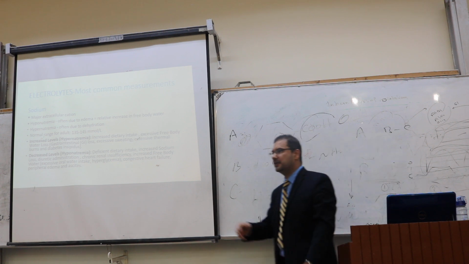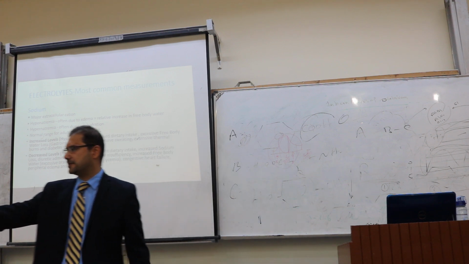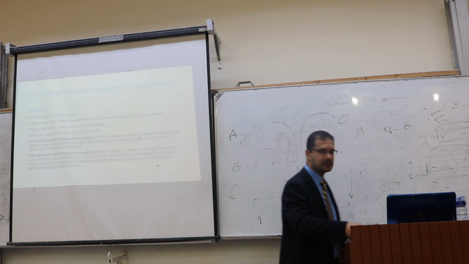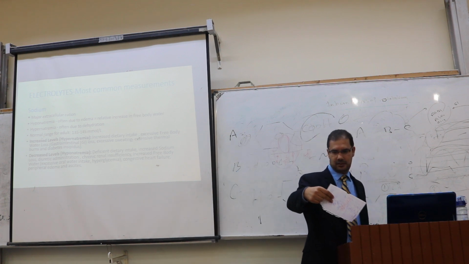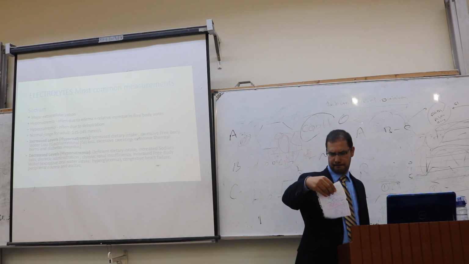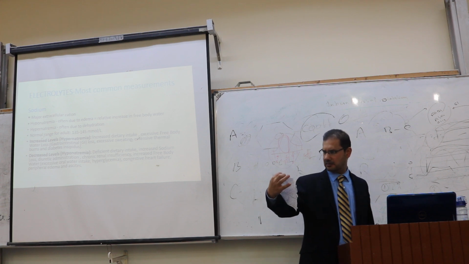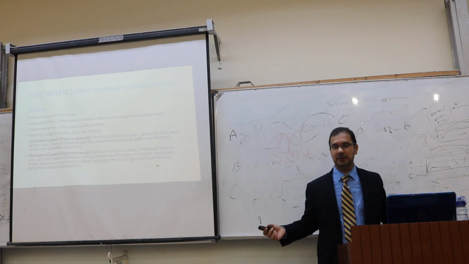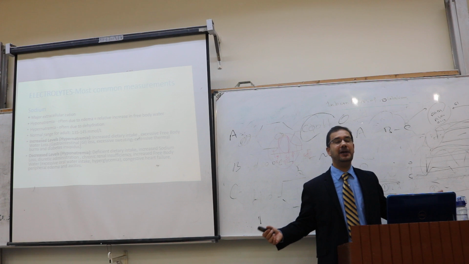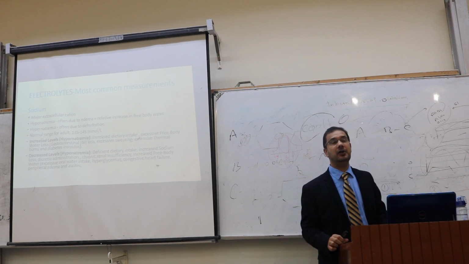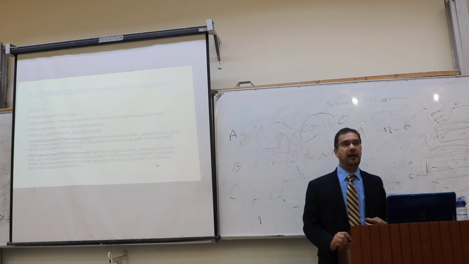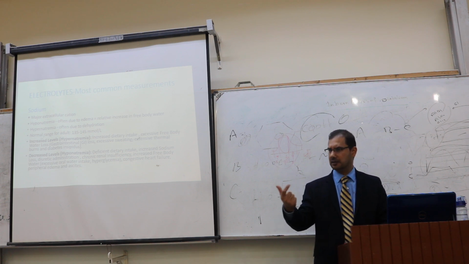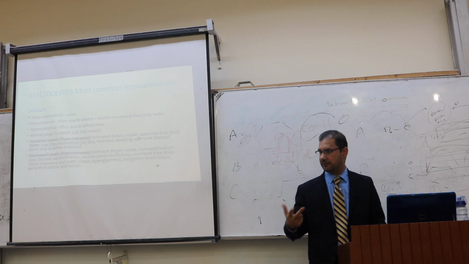Have you heard about the difference between primary disease and secondary disease? What is the difference between primary and secondary disease? Okay. Primary disease, there is no reason. Have you heard of primary hypertension? We don't know its cause, so it's called primary. Secondary hypertension is caused by, could be renal, could be congestive heart failure, for example.